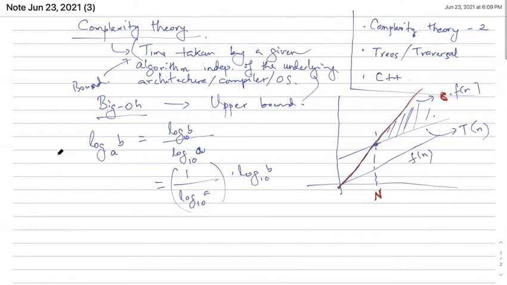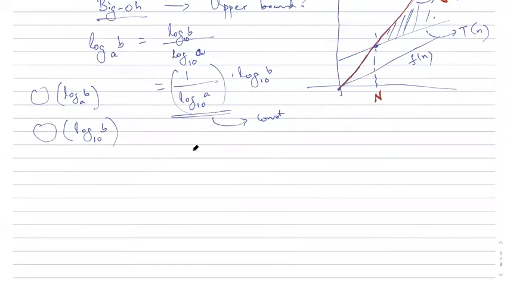So if something is of the big O order of log b base a, then one can also say that it is of the order of log b base 10, because this is just a constant multiplier. In other words, as soon as you are able to boil it down to log of any base, it is essentially equivalent to saying it is of the order of log of any other base.